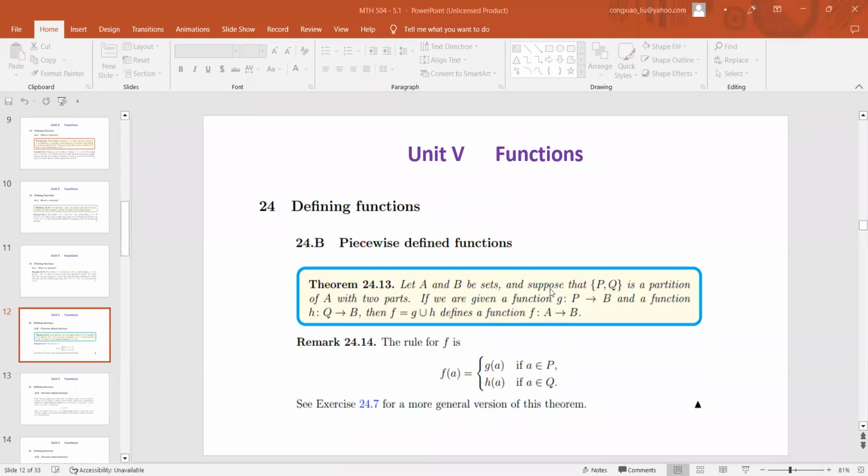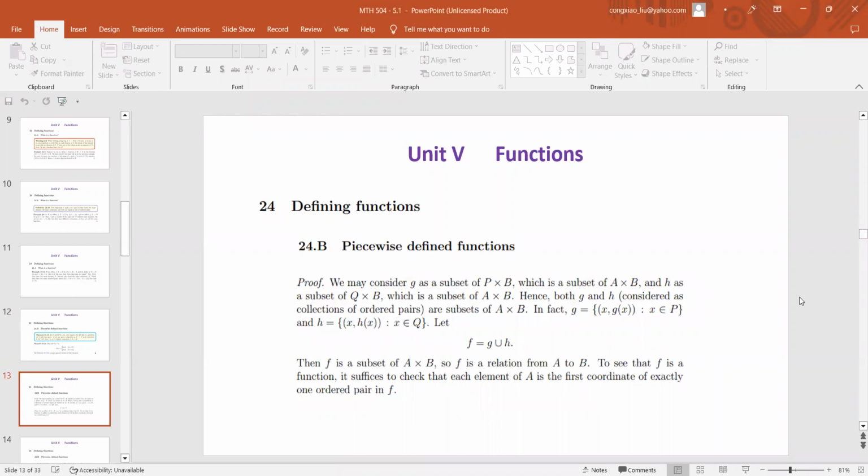We're using the definitions of functions as sets of ordered pairs to prove it. So we do the proof using the most general concept in algebra, by sets.